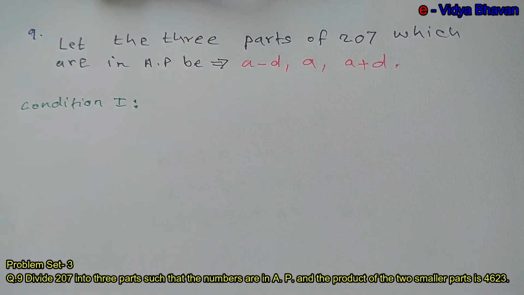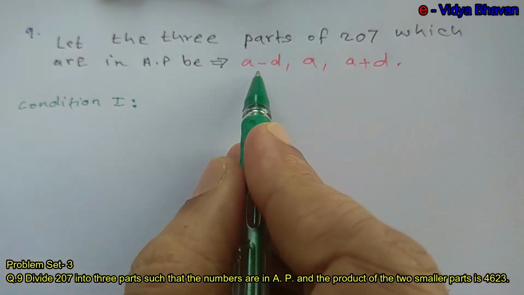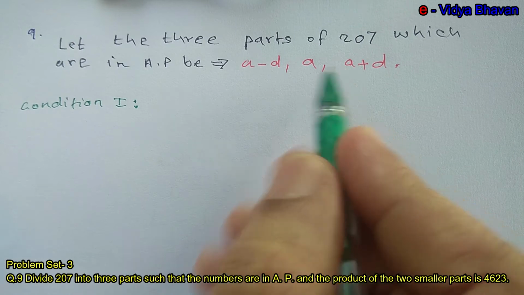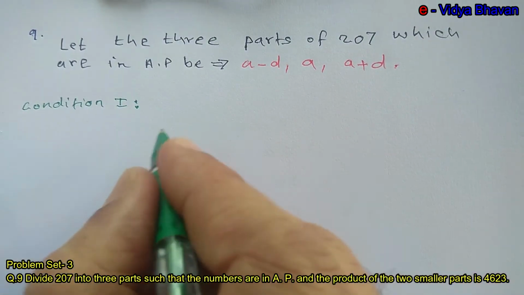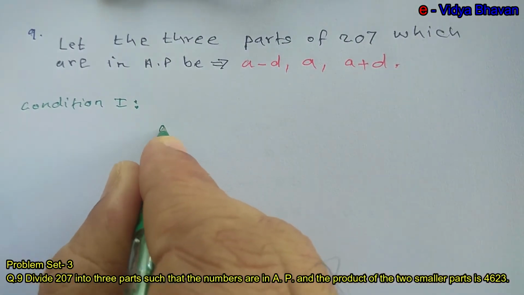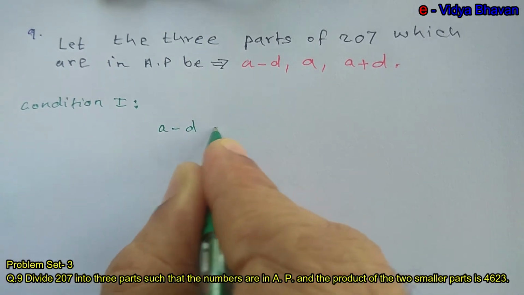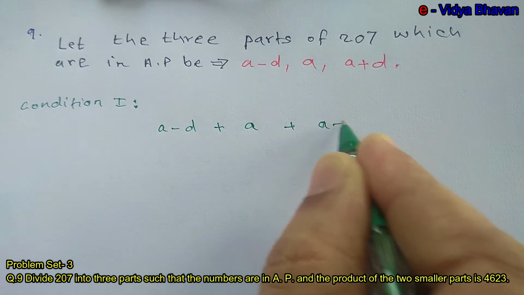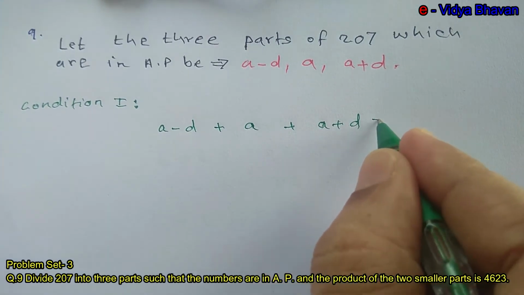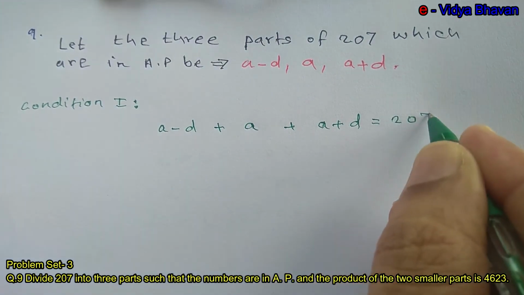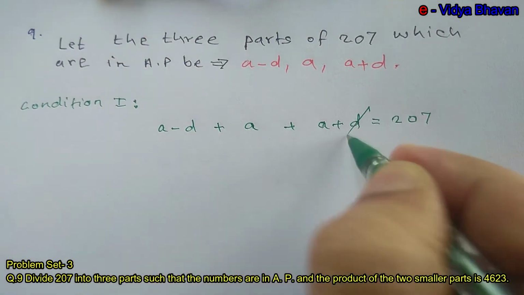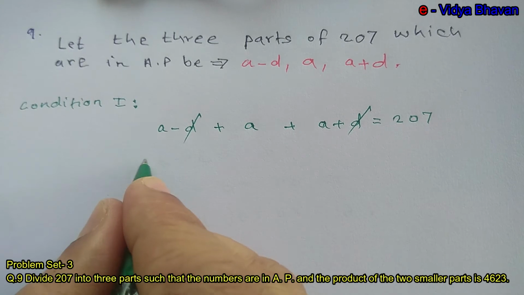207 is divided into 3 parts, that is a minus d, a and a plus d. The addition of these will give me 207. So we can say a minus d plus a plus d equal to 207. Minus d and plus d get cancelled.